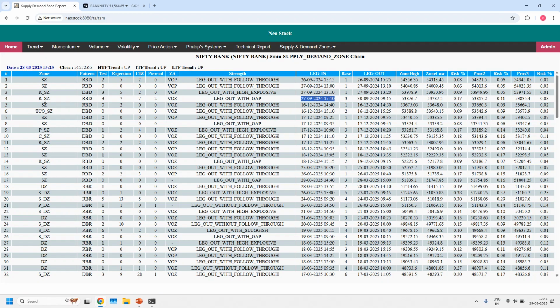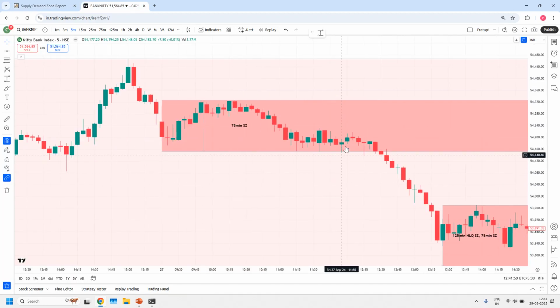And the last one is 27.9, 13 hours, one base candle. 27.9, 13 hours.